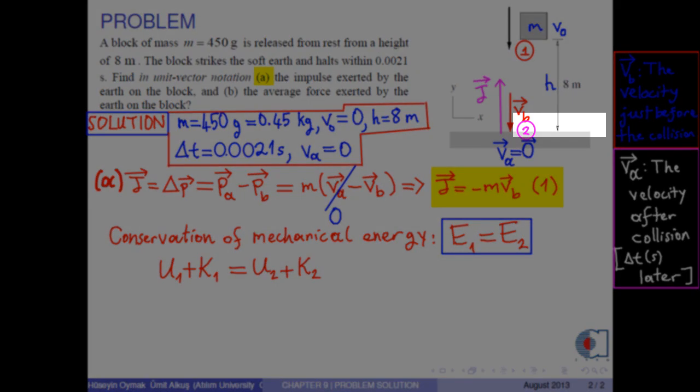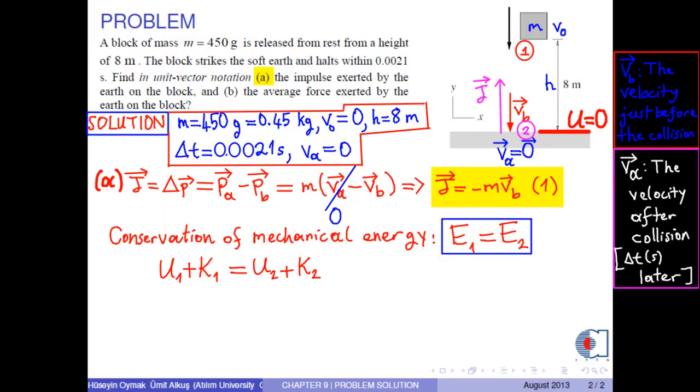If we choose the bottom level as the zero gravitational potential energy level, we obtain at position 1 m times g times h for the potential energy of the block. The initial kinetic energy at position 1 is 1/2 times m times v0 squared, and since the initial velocity is 0, we obtain 0 initial kinetic energy.